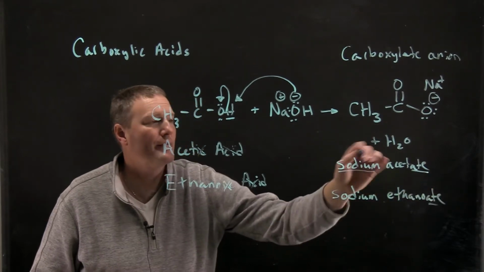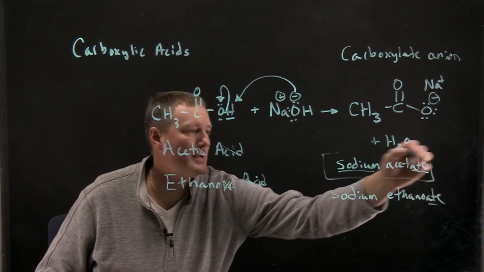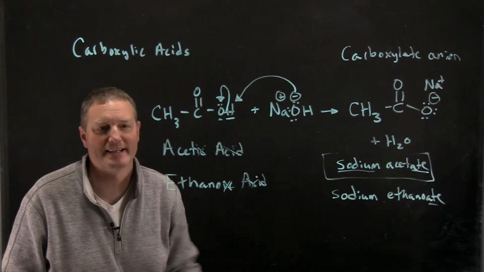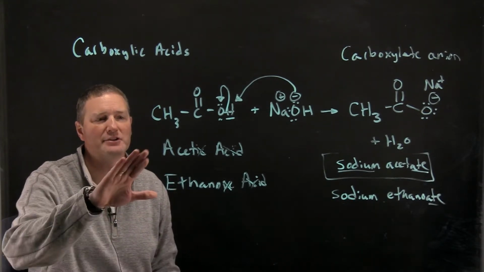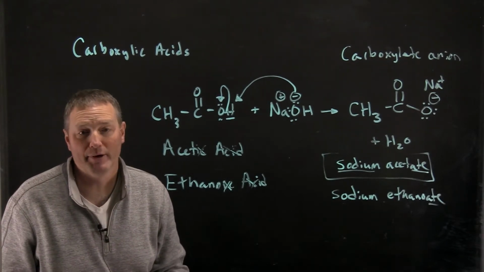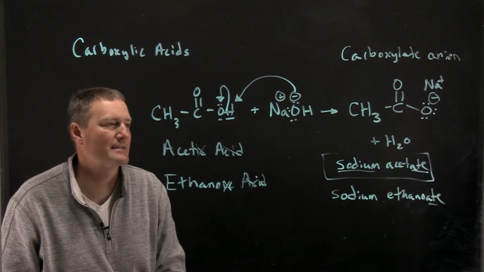More than likely, though, this compound would typically be called sodium acetate. In fact, I don't know if I've ever really seen it listed as sodium ethanoate. This is such a common acid, acetic acid, you really should know that name from memory.